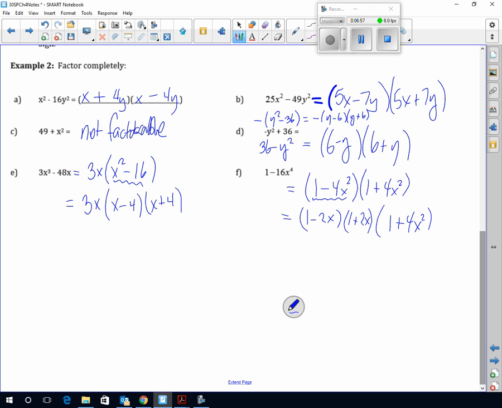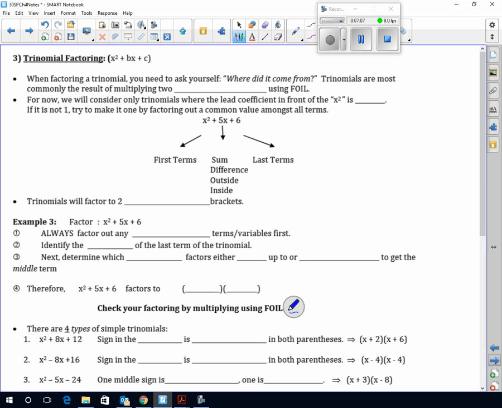Okay, trinomial factoring. When factoring a trinomial, you need to ask yourself, where did it come from? Trinomials are most commonly the result of multiplying two binomials. Remember what a binomial is? It's a polynomial with how many terms? 2.